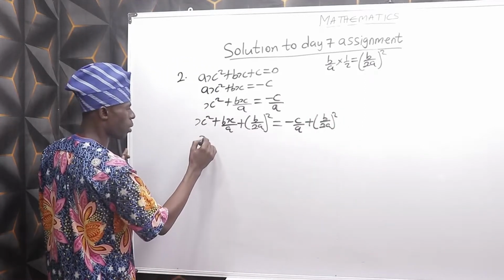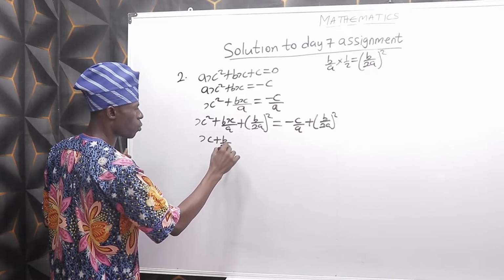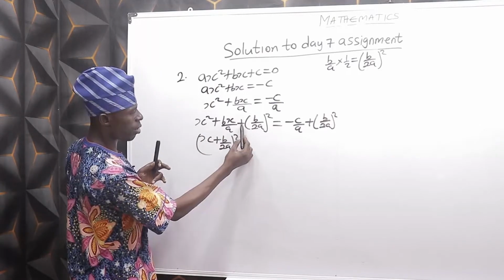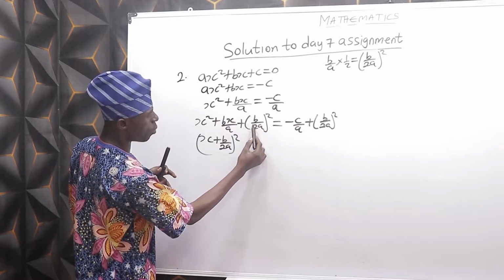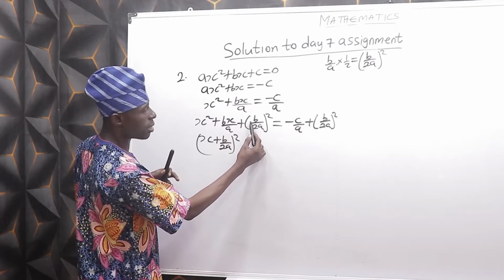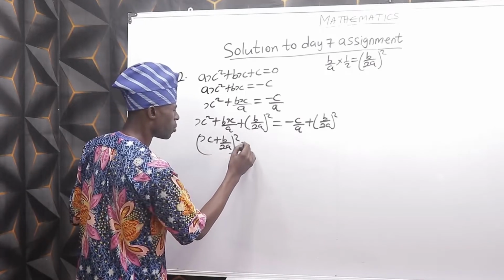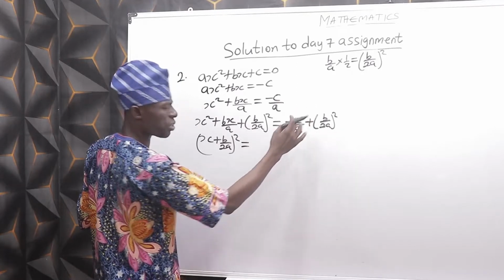Bringing these two together, we have x plus b over 2a all squared. The positive sign here is not from this. It is from the sign of the one in this bracket. If it is negative, it is the negative we use to link them here. Don't forget. That is equal to, I wish to rearrange them.